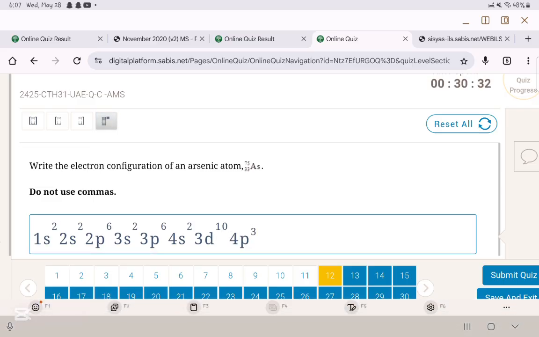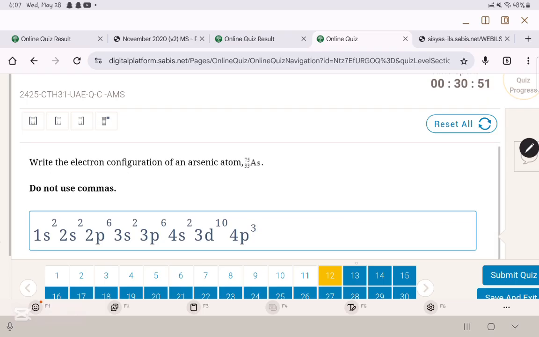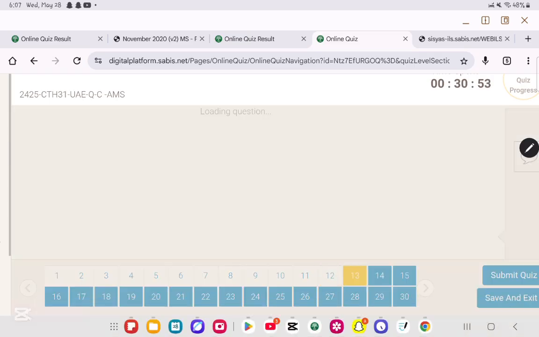Now one thing I would like for you guys to do is try to add all of the electrons together. So it's gonna be 2 plus 2 plus 6 plus 2 plus 6 plus 2 plus 10 plus 3. And if you don't get 33, then there's definitely a mistake. I got 33, that means I have the correct answer.